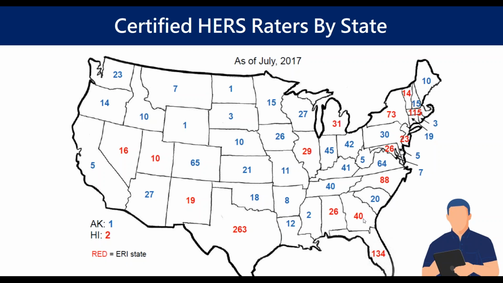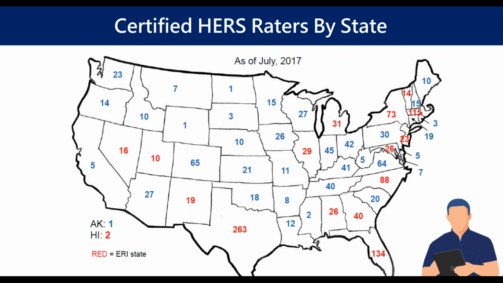So the red states, the ones that are listed in red, just indicate that in that particular state the ERI has been adopted. The rest of them, there's not been an ERI adopted at the state level. And you'll see that there are some states with significant concentrations of HERS raters, like Massachusetts and Texas and Florida, while there's other states that just have one rater.